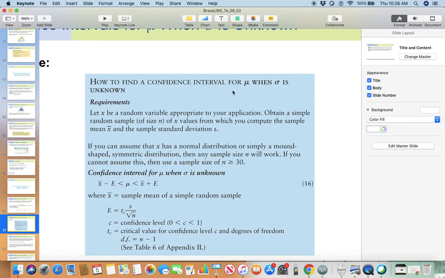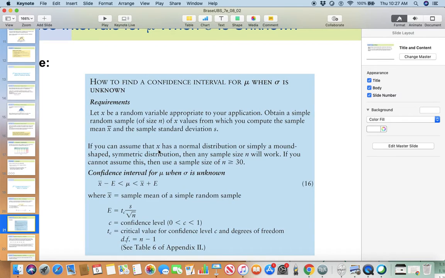How do you find a confidence interval for mu when sigma is unknown? Let x be a random variable appropriate to the application. Obtain a simple random sample of size n of x values, from which you compute the sample mean x bar and the sample standard deviation s.